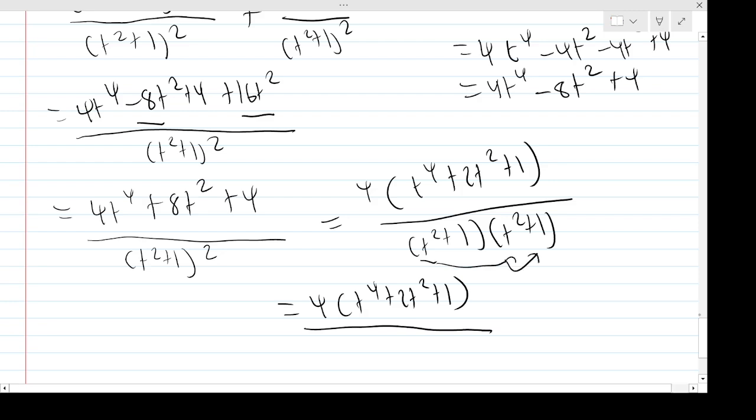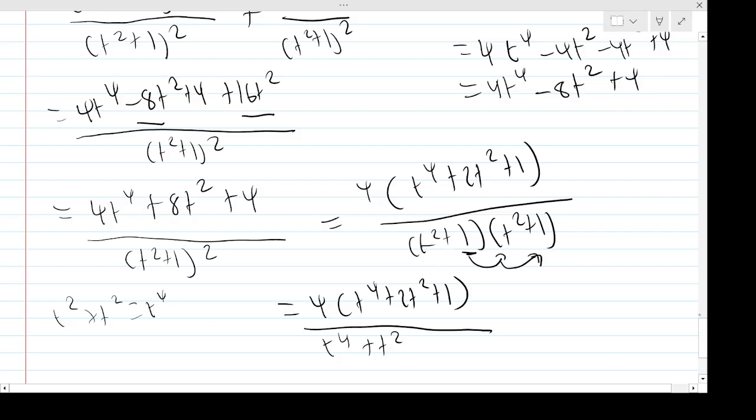So t squared times t squared is t to the 4. Again, remember, t squared times t squared is t to the 4 because you add the powers. T to the 4, and then we have t squared times 1, that'd be just t squared. And then here with the 1, this time, 1 is being times by again everything in the other bracket.